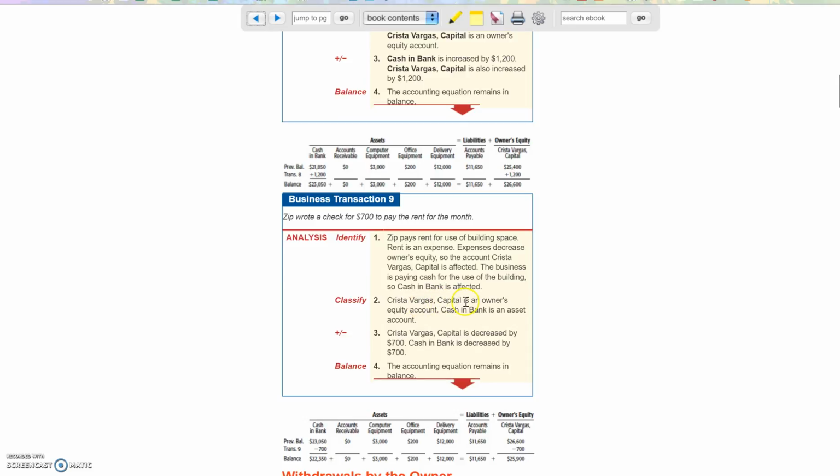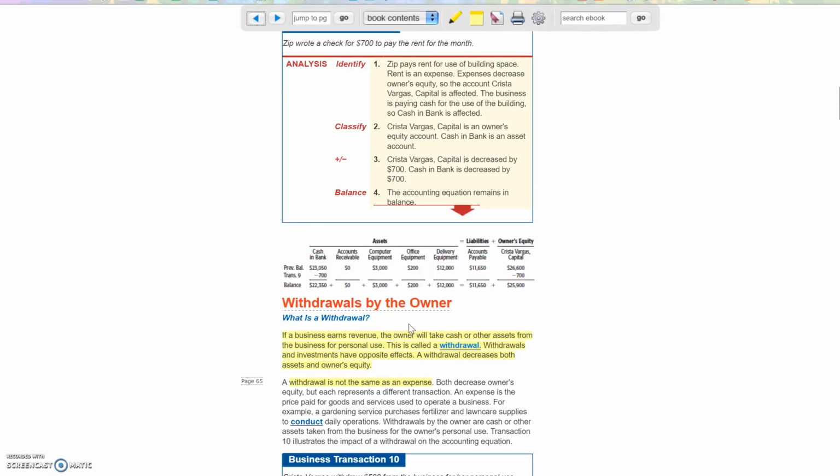Capital is owner's equity and cash is an asset. By writing the check, our cash is going to decrease, and then expenses decrease owner's equity or capital, so the capital account is going to decrease. Looking at how it stayed in balance, cash went down on the left side of the equation, and owner's equity or capital went down on the right side of the equation.